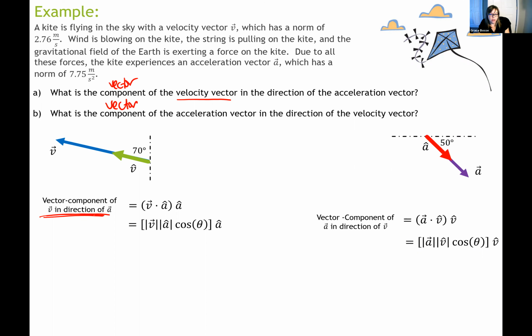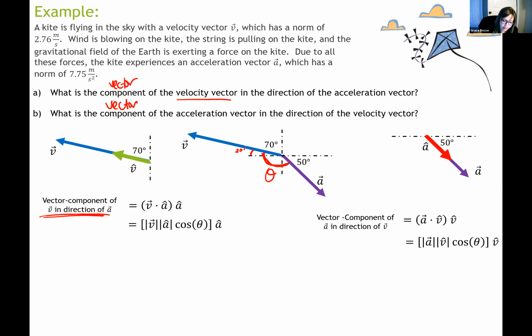So let's redraw our vectors tail to tail, and we want to identify the angle between them. Technically, I like to find the smallest angle between them. In this picture, that is angle theta. To find angle theta, we need to do a little bit of geometry. I see a 70-degree angle. That means this little piece right here must be 20 degrees, because 70 plus 20 has to add up to 90.